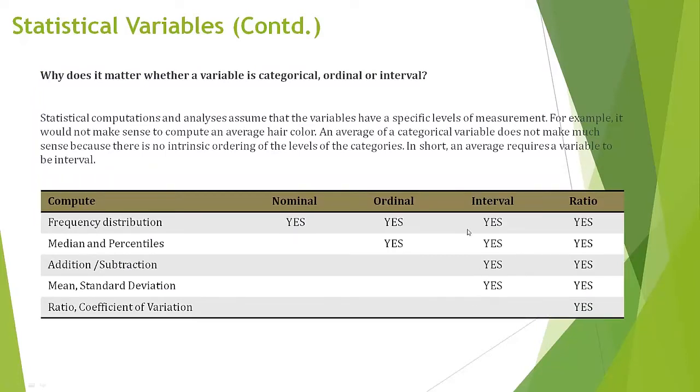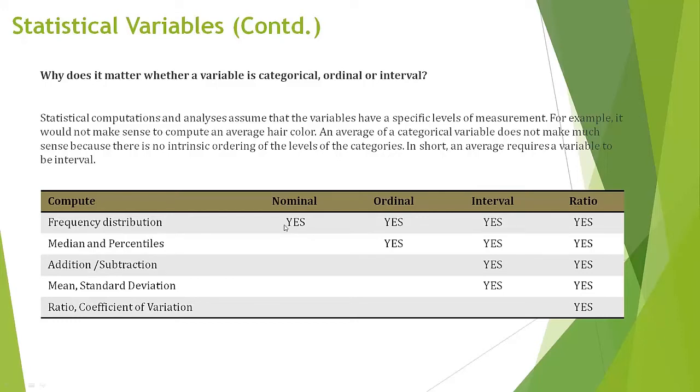So this is a simple tabular column which says what you can compute for each of these variables. If it is a nominal variable where you cannot order them, such as the color of the hair, you can only do a frequency distribution.